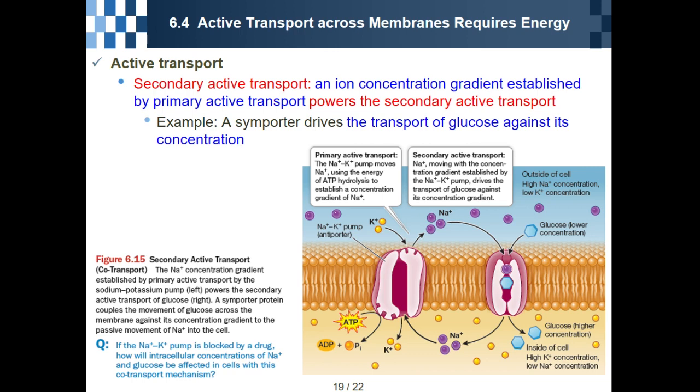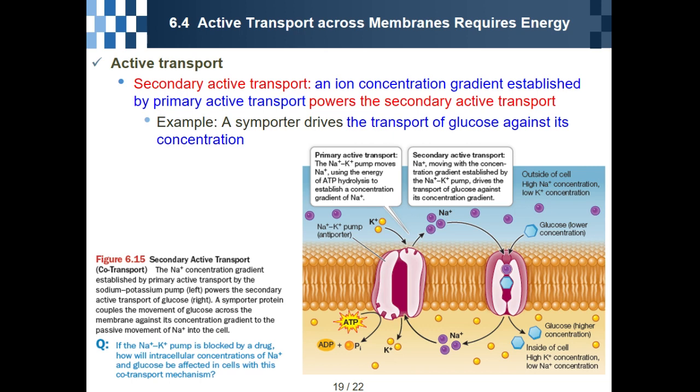Secondary active transport: an ion concentration gradient established by primary active transport powers the secondary transport. For example, this is the sodium potassium pump. They are pumping out Na plus.